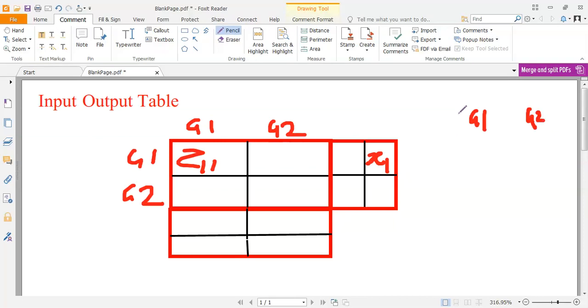Now, what are the inputs for this sector? This sector uses inputs from its own production. So to produce 1 unit of G1, you need some amount of X1. You need some amount of its own goods. Like if you're producing coal, you need heat. When you produce coal, there is a lot of burning involved.